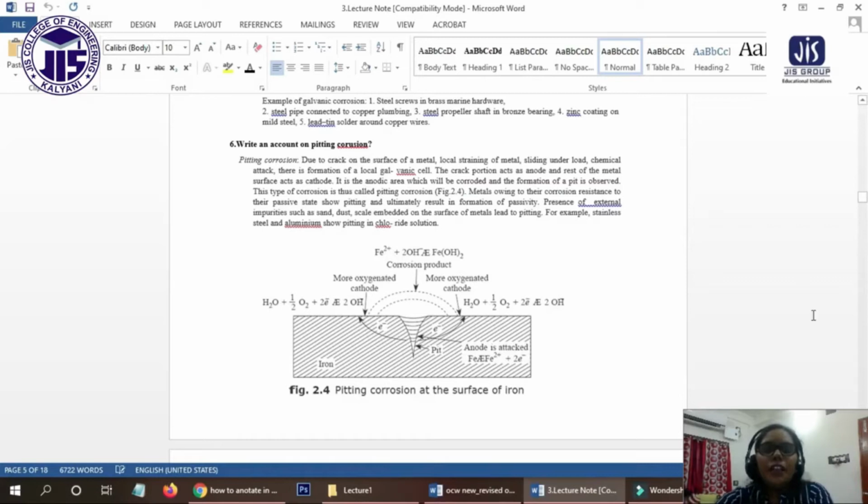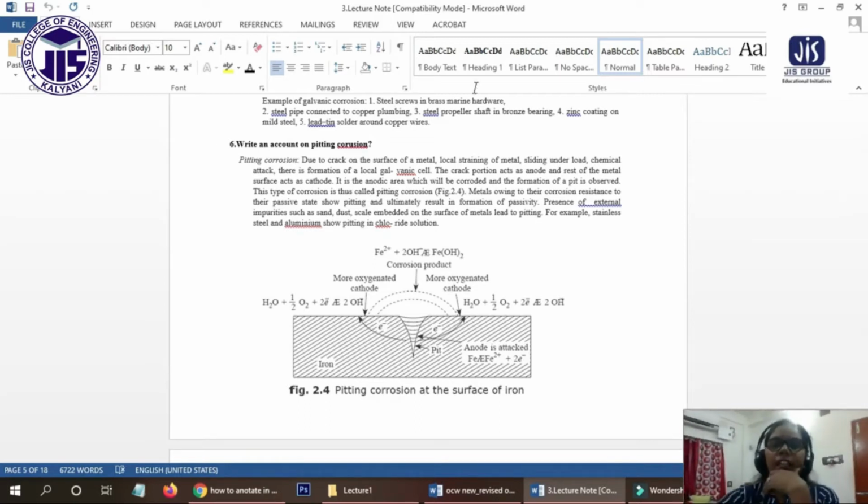Now we will discuss some of the types of electrochemical corrosion. You have very few in your syllabus. First of all, we have pitting corrosion.